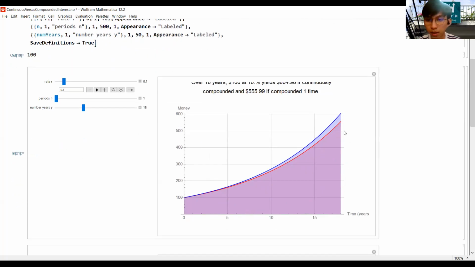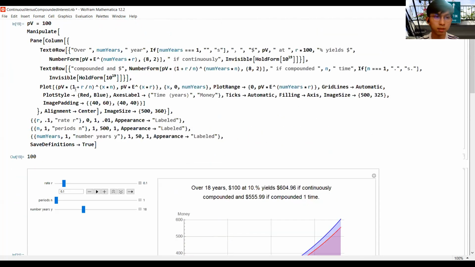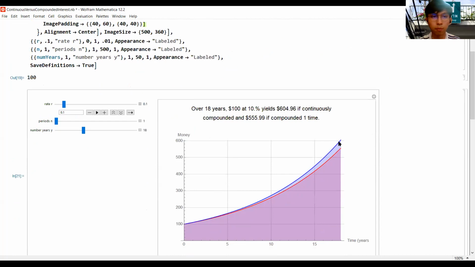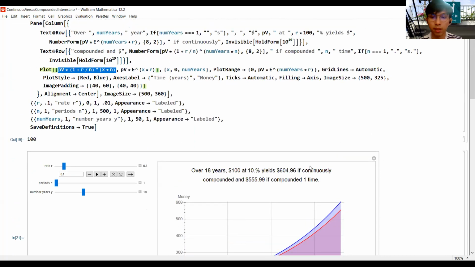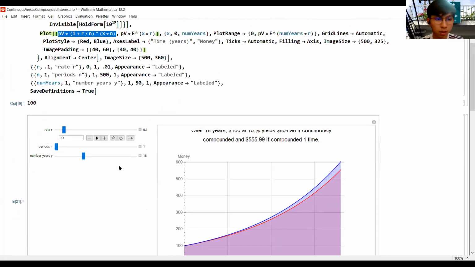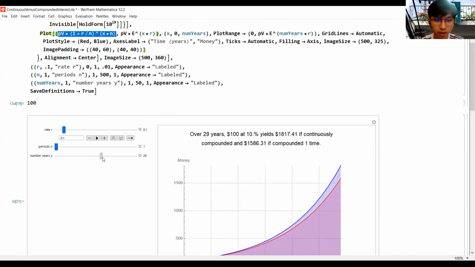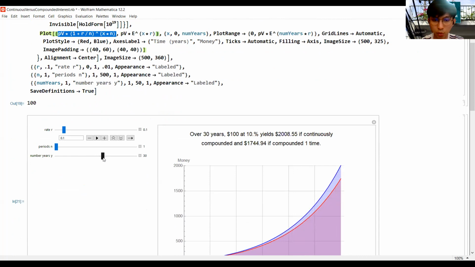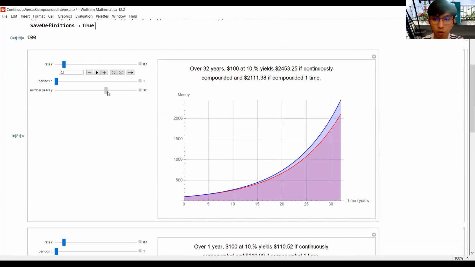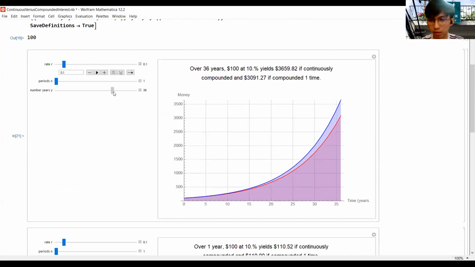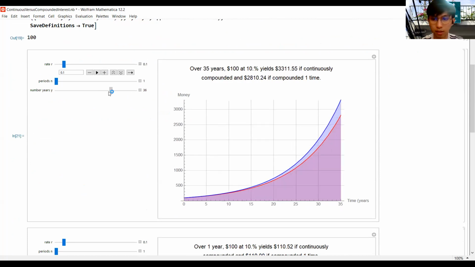The red graph means this formula, but the blue graph is the ideal continuous compounding. And if we deposit for many years, like 30 years, you will see we have more return at the end of 30, 35 years.